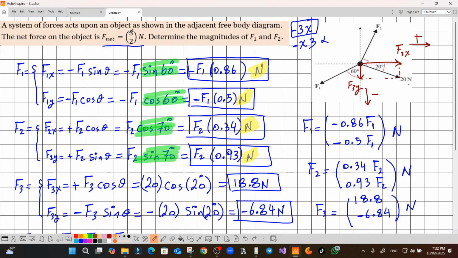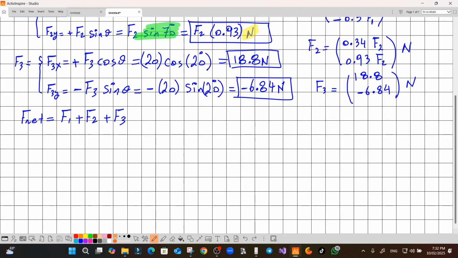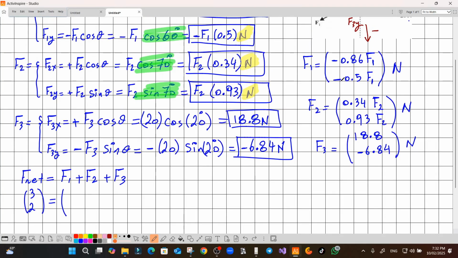For the F net, we have 3, 2, which is equal to, for the F1, minus 0.86 F1, minus 0.5 F1.